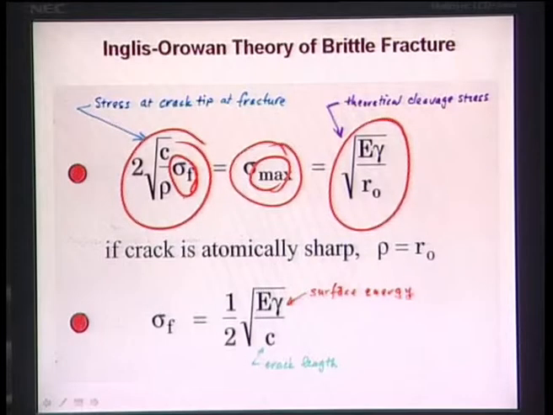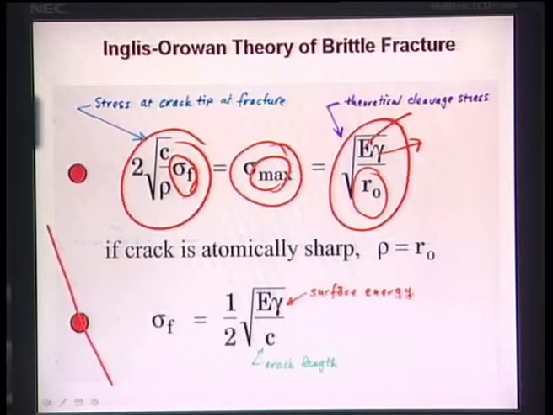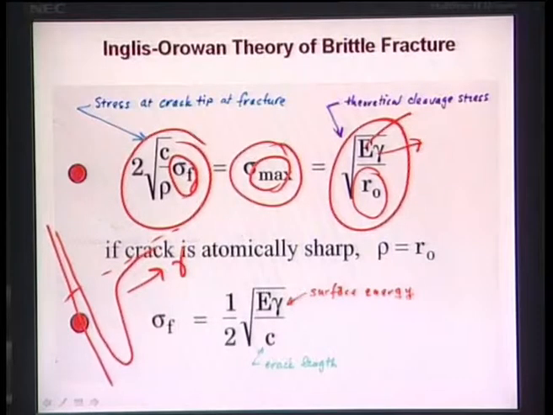What is E? E is the elastic modulus of the material. What is gamma? Gamma is the surface energy of the material, and R naught comes from your very fundamental interatomic energy potential well. That is the interatomic force between two atoms as a function of interatomic distance; if you plot it, it shows a potential well, and the potential energy minimum is known as the R naught value.